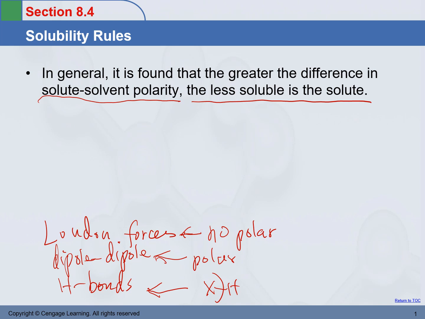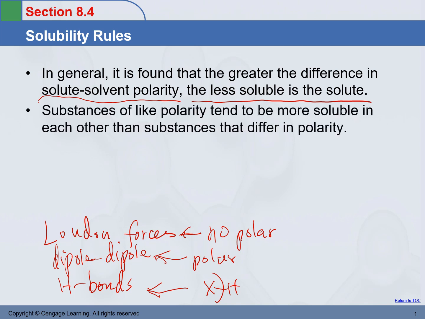If they differ in polarities, they do not have common languages. Then it is going to be less soluble for that solid. Substances of like polarities tend to be more soluble in each other than substances that differ in polarity. When they have similar polarities, they have common languages.